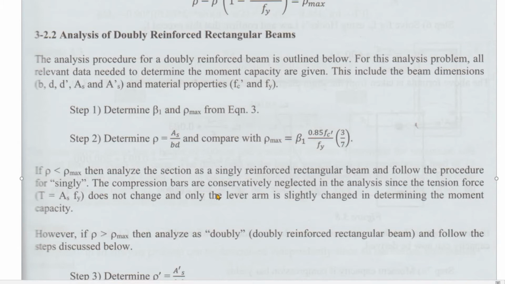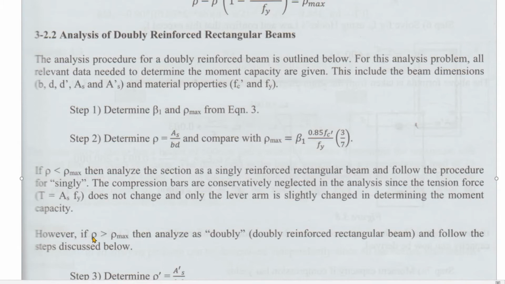The compression bars are conservatively neglected in the analysis since the tension force T does not change and only the lever arm is slightly changed in determining the moment capacity. So, ito yung una nating check, yung rho, tsaka yung rho max. Notice na yung rho, yan yung AS all over bd. Okay? Tapos, you can compare this with rho max.